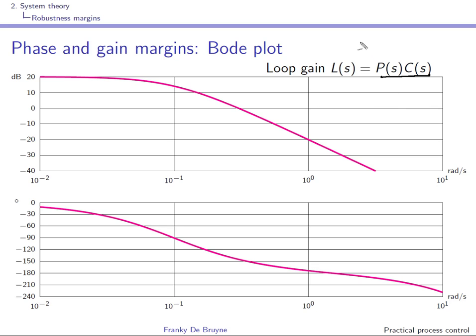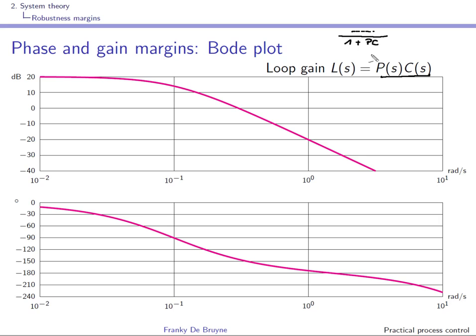Why is this? Well, you've seen when we considered internal stability that the transfer functions from all the inputs to outputs involved a numerator, and this one is changing, but at the denominator you always have 1 plus PC.